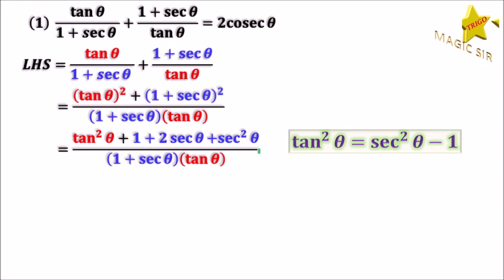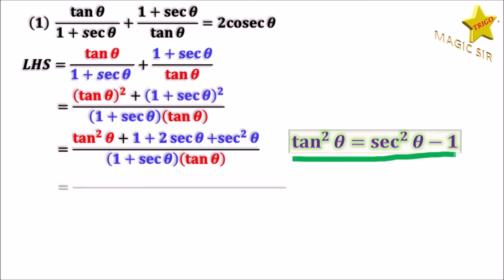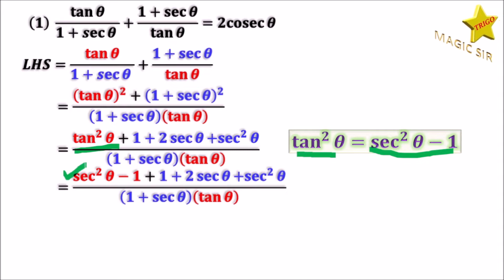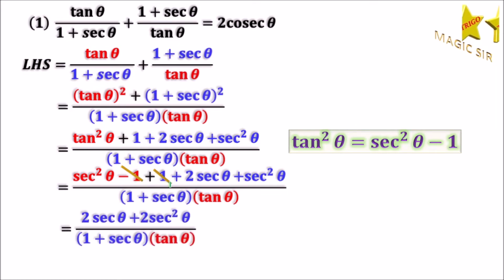We know that tan square theta is equal to sec square theta minus 1. So we can replace tan square theta with sec square theta minus 1. Here other terms remain as it is. Note that negative 1 and positive 1 cancel out.